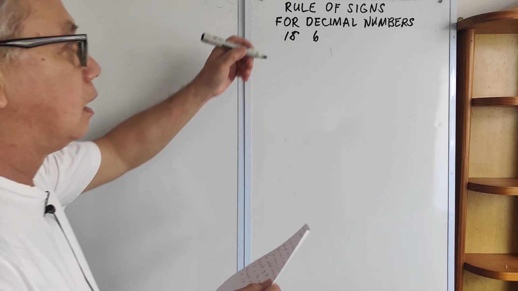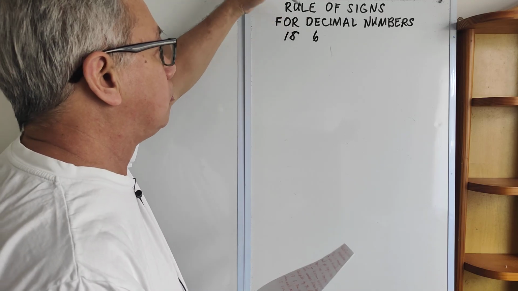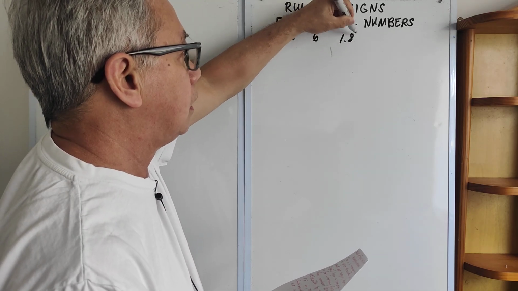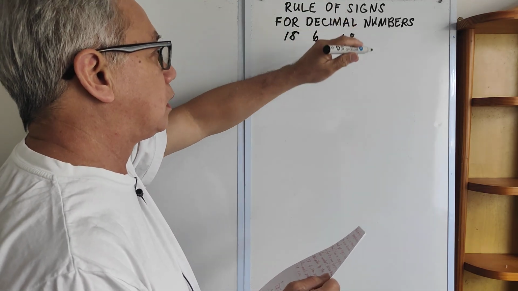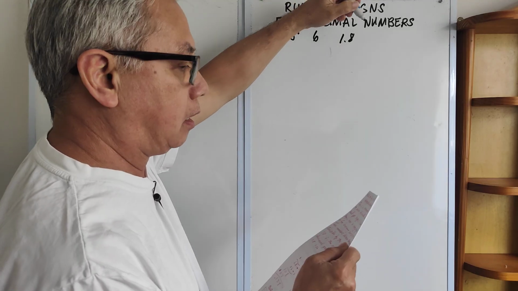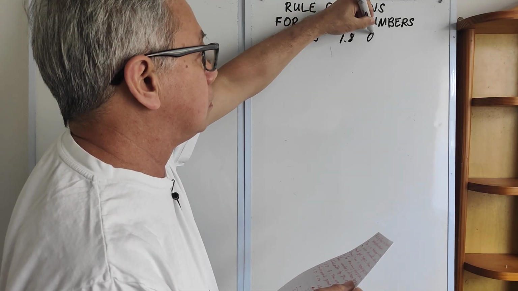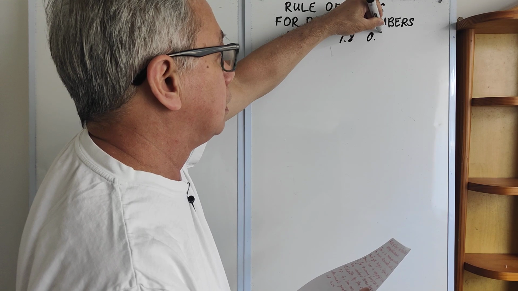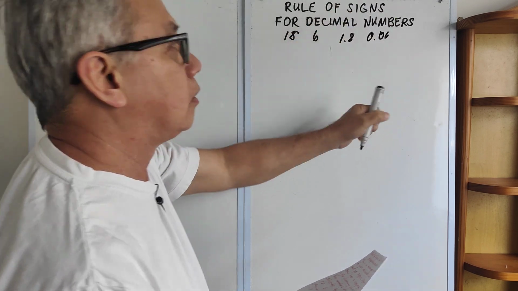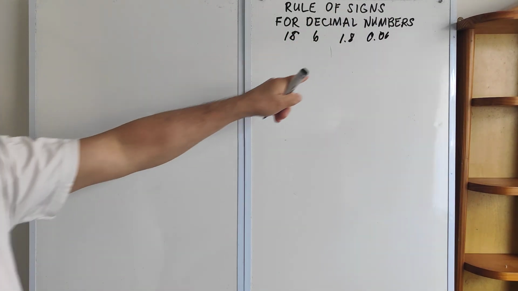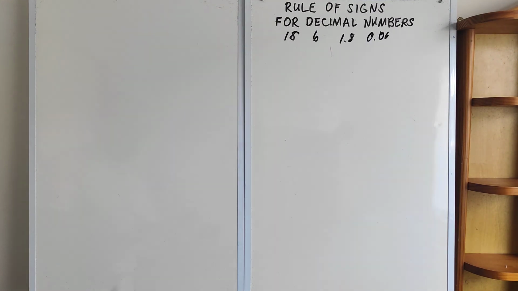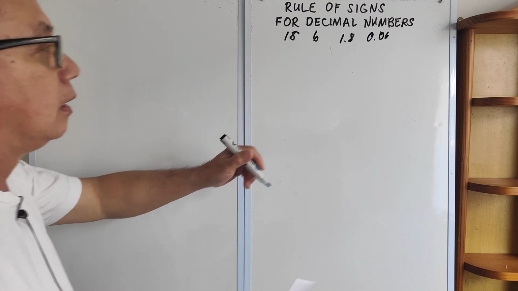So let's say I'll make this 1.8 and 6, we want it lower than 1.8, so let's say 0.06. We can also use 0.6 because that will still be lower than 1.8. And then we can write all of them.